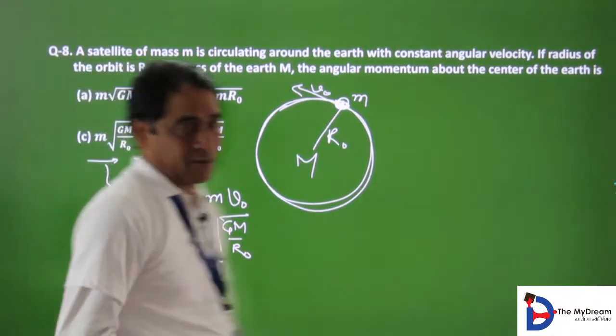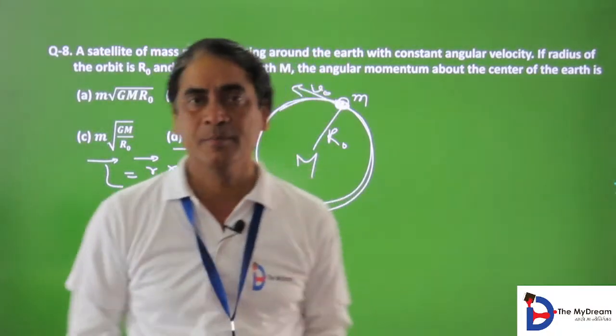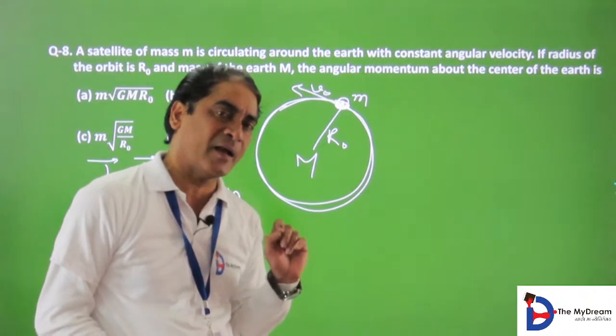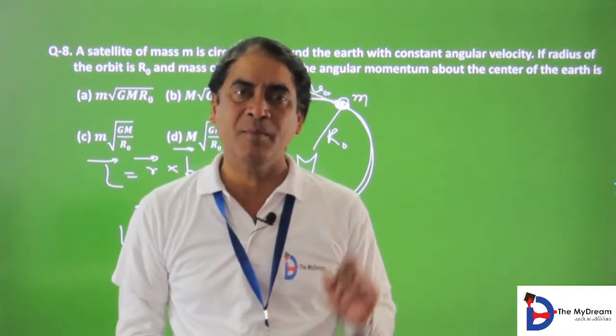The orbital velocity is given by under root GM by r, whereas the escape velocity is given by under root twice of GM by r.